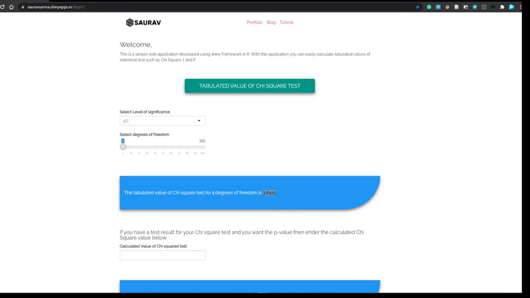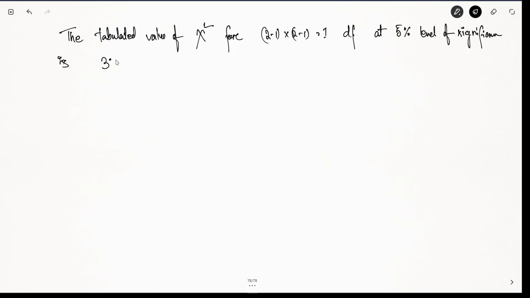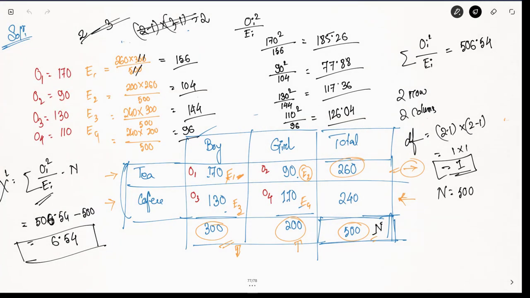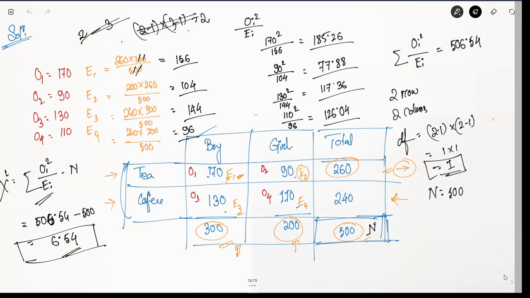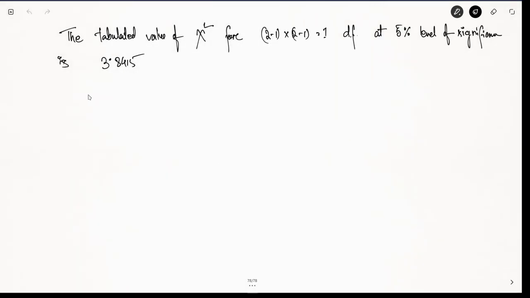So the value is 3.8415. Now what is the calculated value of chi-square? The calculated value is 6.54, which is greater than our tabulated value, right?